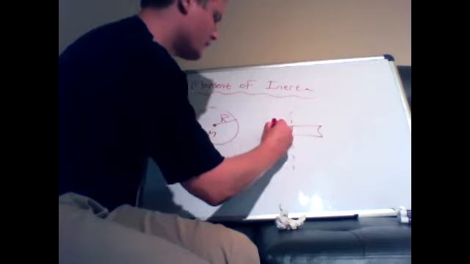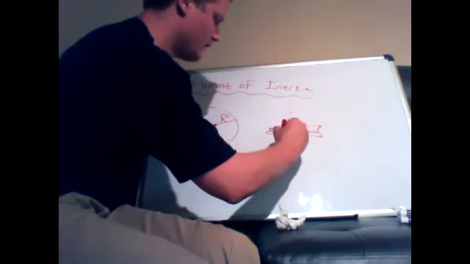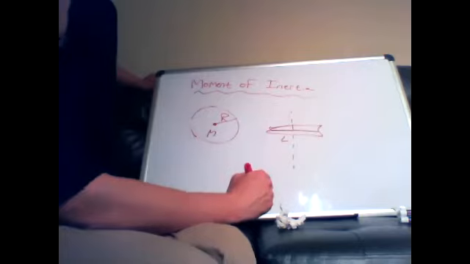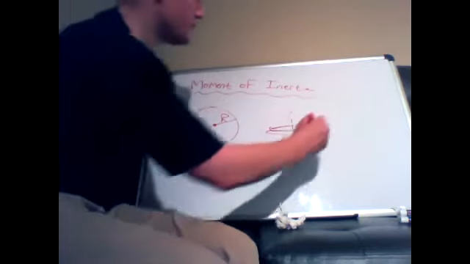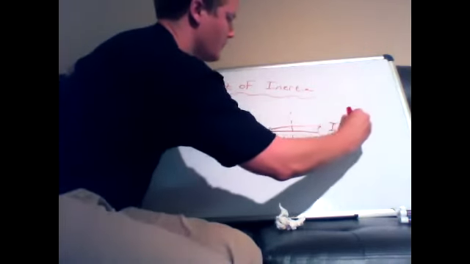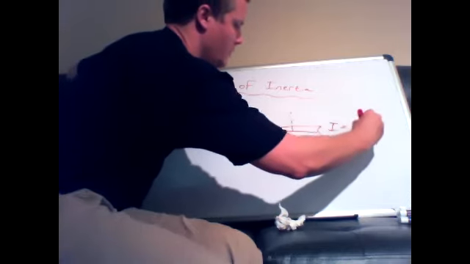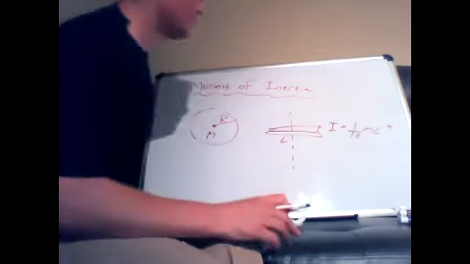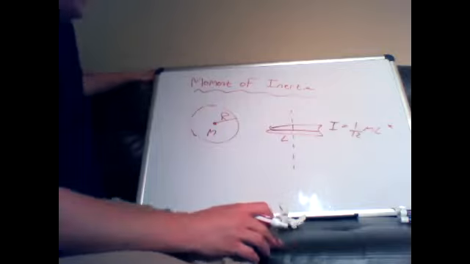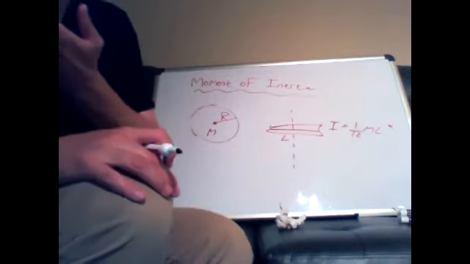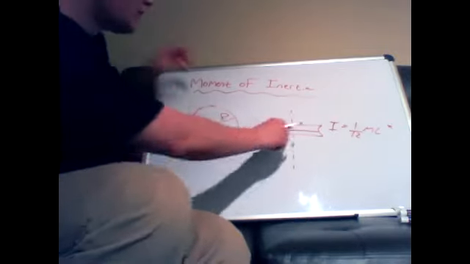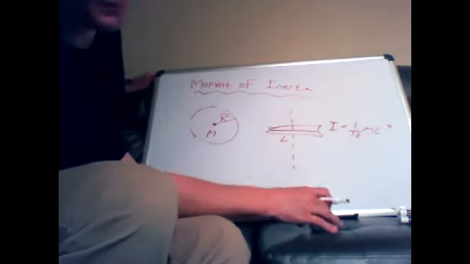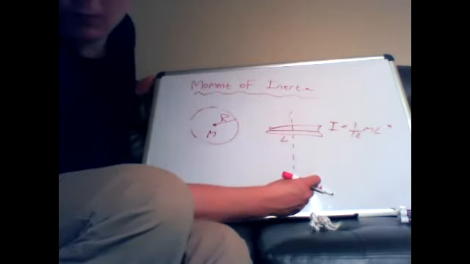So if this is the length right here, that would represent L. And if you were to put the axis of rotation all the way over here on the left-hand side, its moment of inertia then would be 1/3 mL squared.